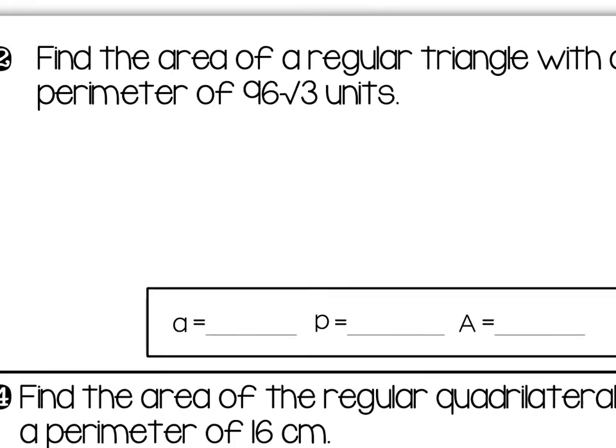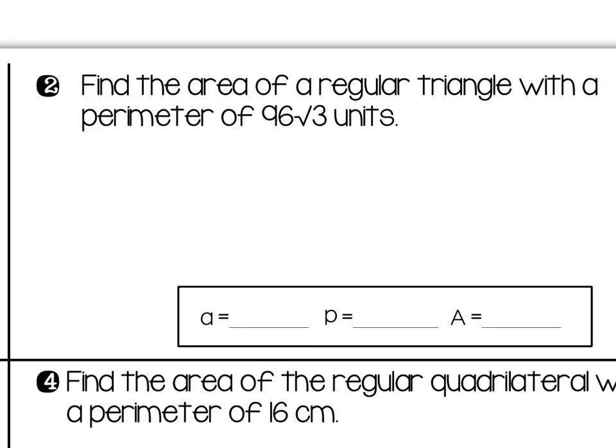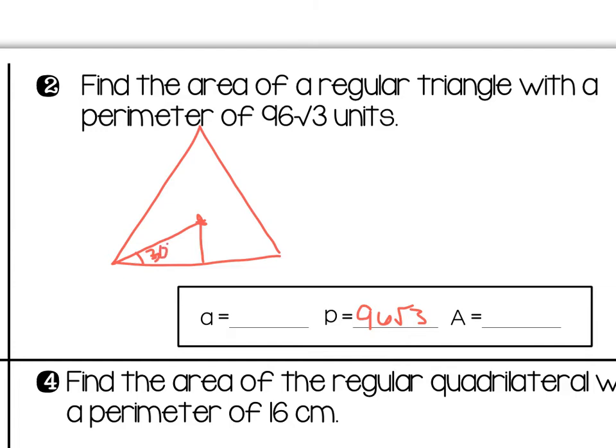Find the area of a regular triangle, aka equilateral triangle, with a perimeter of 96 square root 3 units. All right. So this one gave me the perimeter, so I can go ahead and write that where perimeter is, 96 square root 3. I'm going to draw my wonderful picture. I need my center, I need my apothem, and my radius, and that this is going to be 30 degrees. See if my stylus will write that tiny. Not really.